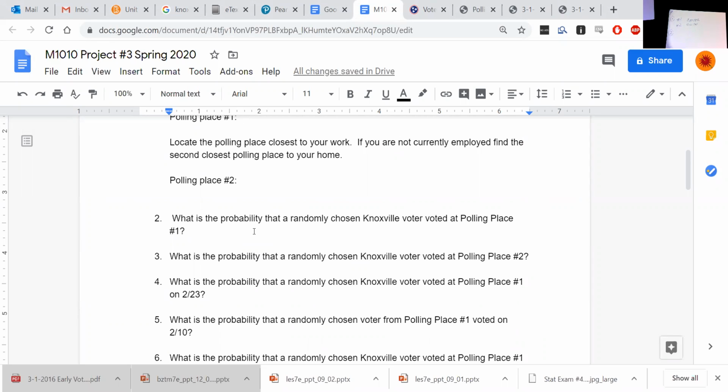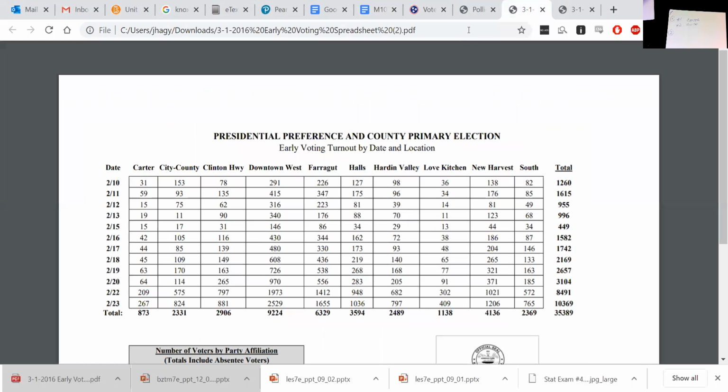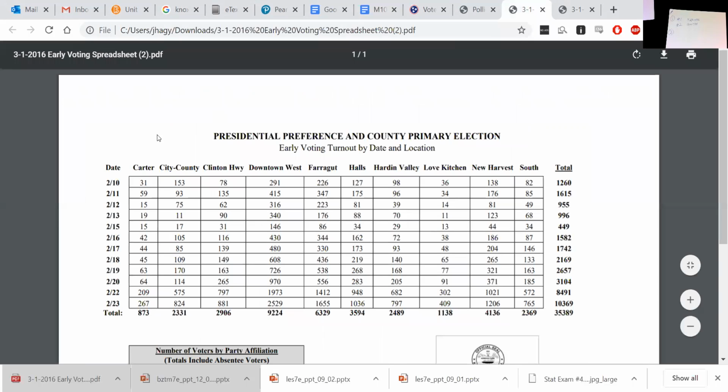what is the probability that a randomly chosen Knoxville voter voted at your first polling place? For nearly every single problem in this project, you're going to use some form of part over total. So if I go to the spreadsheet, polling place one was Carter.